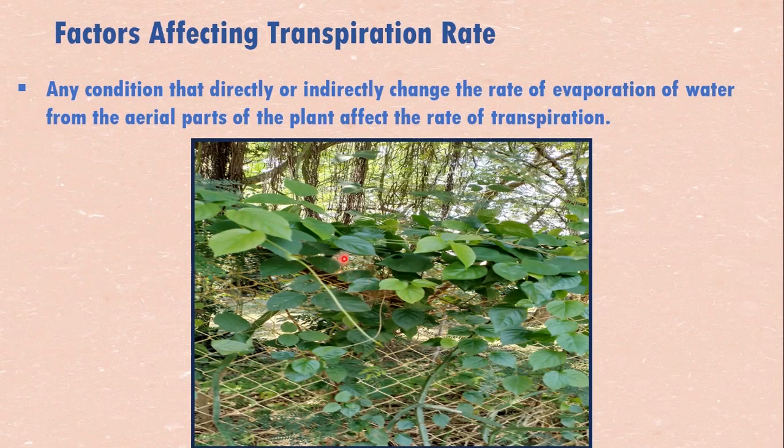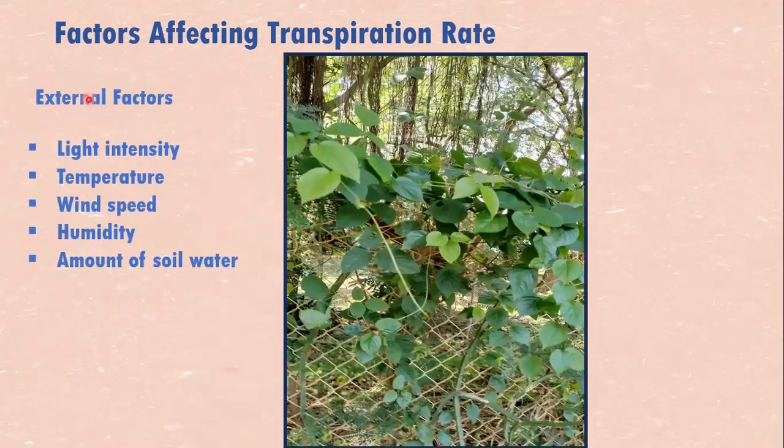So what are the factors that will affect the rate of losing water in the form of water vapor? Well, we have external factors: light intensity, temperature, wind speed, humidity, amount of soil water. As you look at these plants in here, losing water continuously as water vapor, that is transpiration.